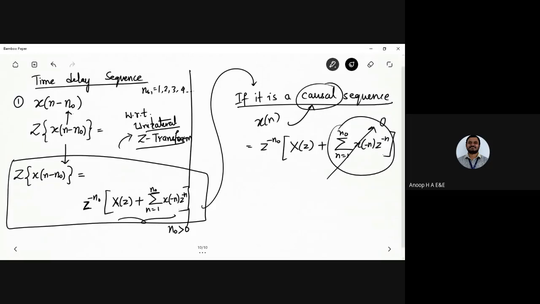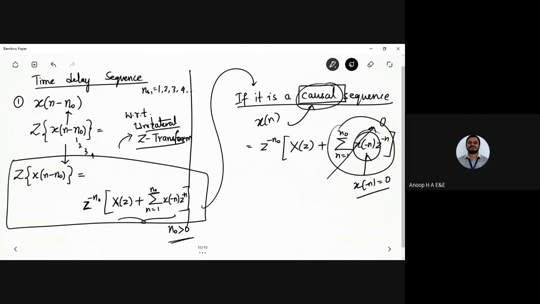So when I take n naught greater than 0, n naught may be 1, 2, 3, 4 and so on. This term, x of minus n, would be equal to 0, because I'm talking about a causal sequence.